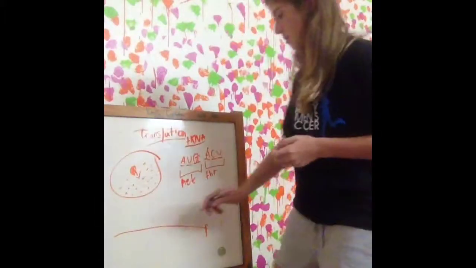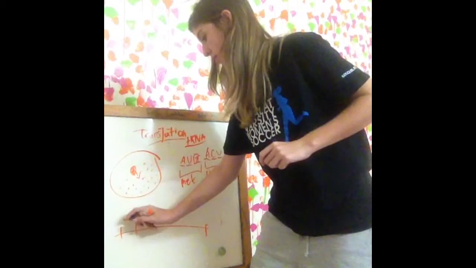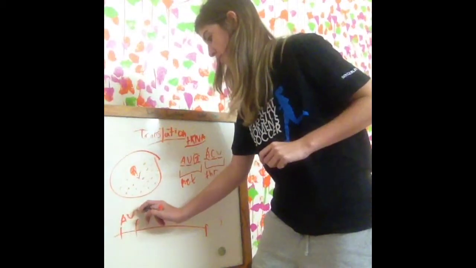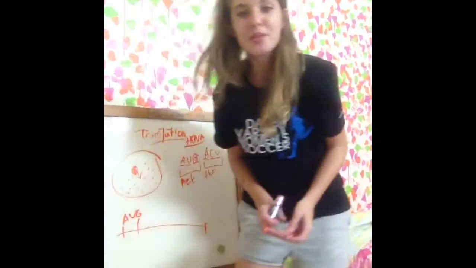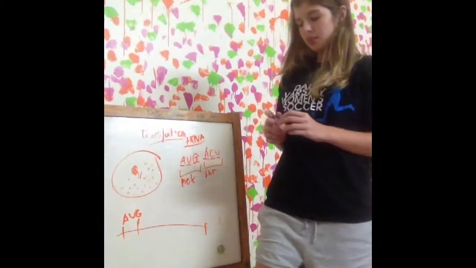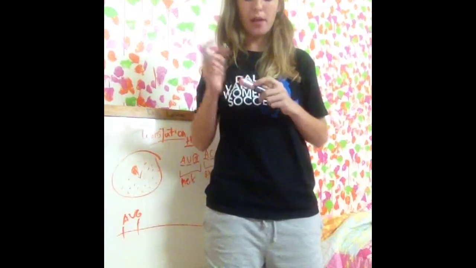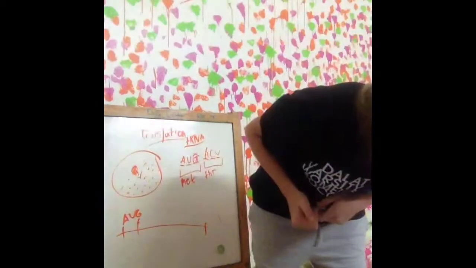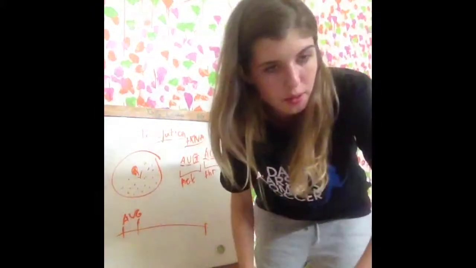And so this is the protein chain, and it's always going to start with the codon AUG or MET, and you will always know that the protein chain is ending when you see UAG, UAA, or UGA.